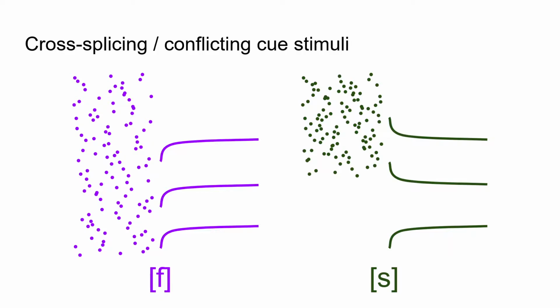So here's a stylized example of an F, which has slightly lower energy distributed across more of the spectrum in its noise, and then it has labial-like formant transitions, versus an S, which has higher intensity energy concentrated higher, and it has more of an alveolar type of formant transition.